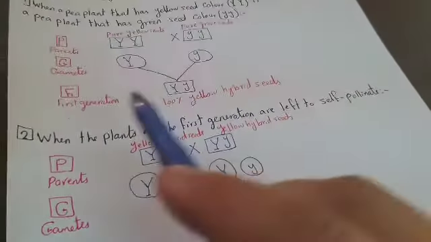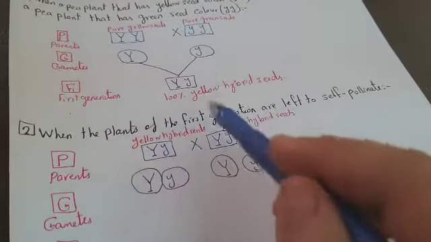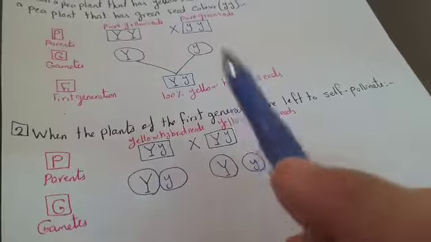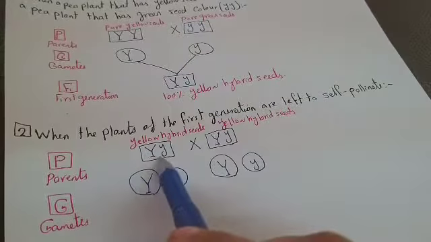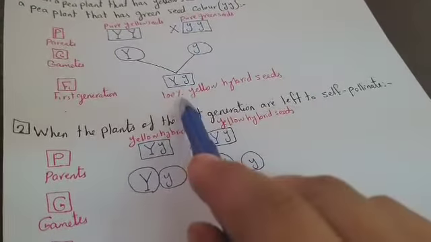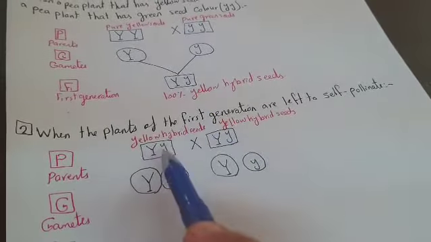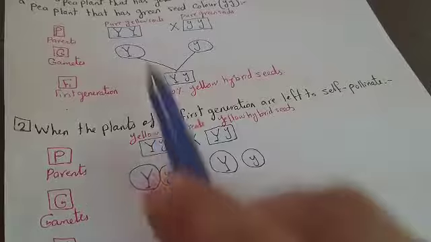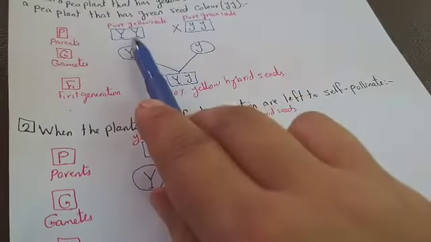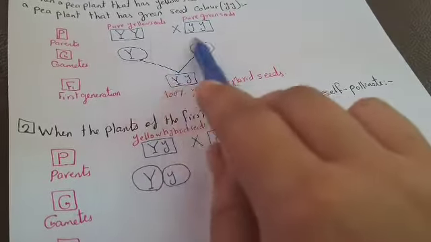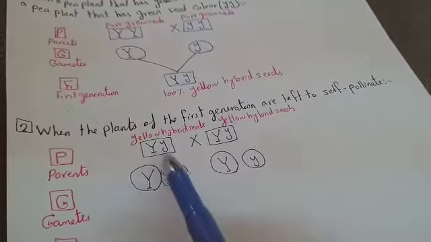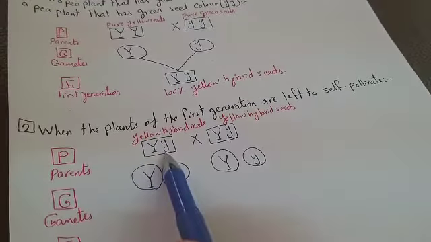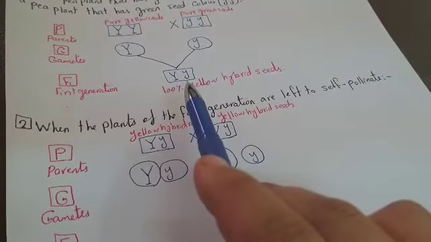Number 2 now. Mendel let the first generation self-pollinate. So now the first generation will cross to each other. The parents here were pure before, but here they are hybrid. So we have Y capital, Y small in the first generation individuals.